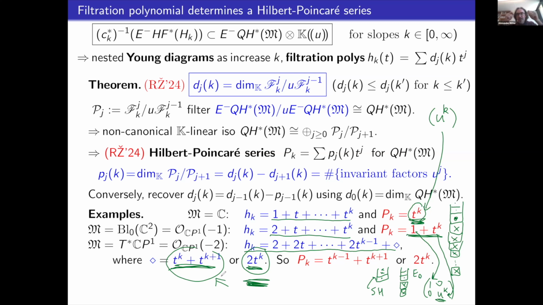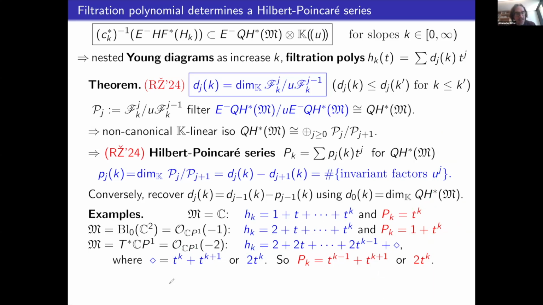But for all we know, there might be a lot of back and forth switching. So we're hoping to be able to say, maybe that this happens for all large values of K or something like that. But already the T star CP1 case is a little bit tricky because, in general, we can't really ever calculate explicitly these Floer maps. There's usually some indirect argument.